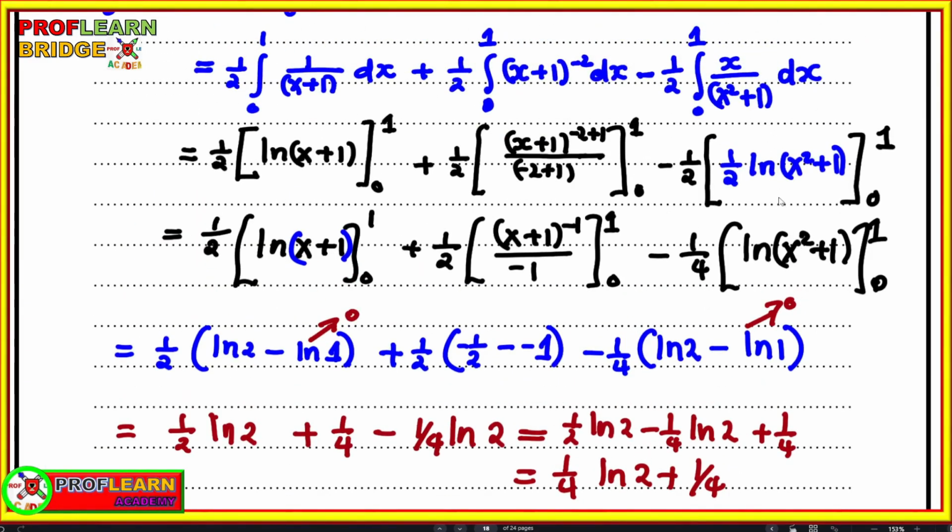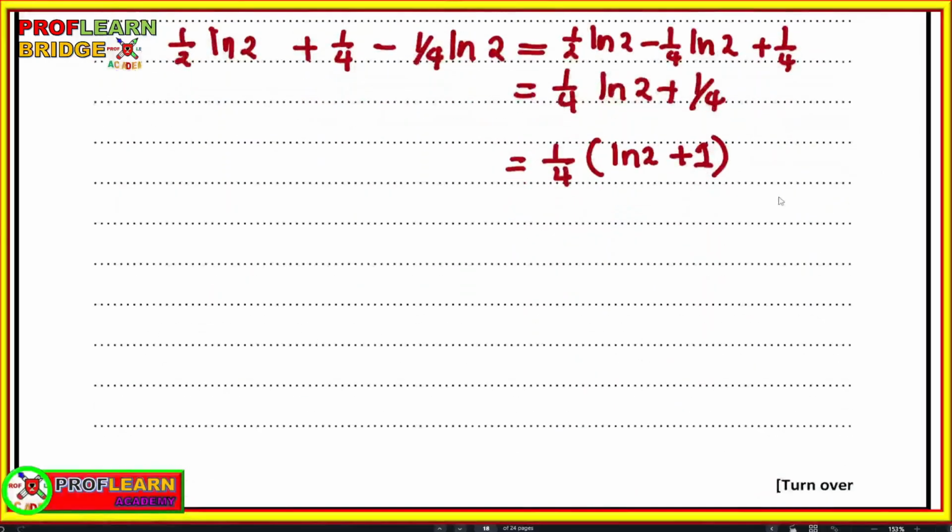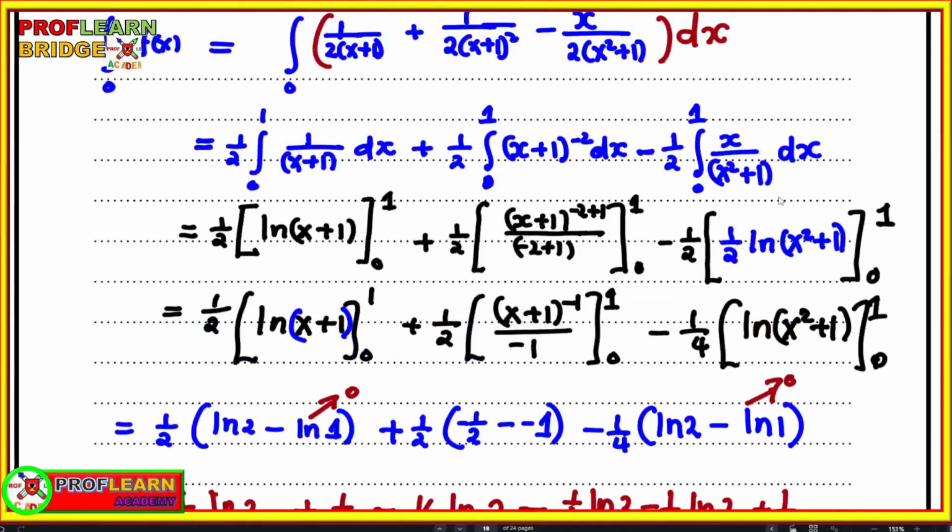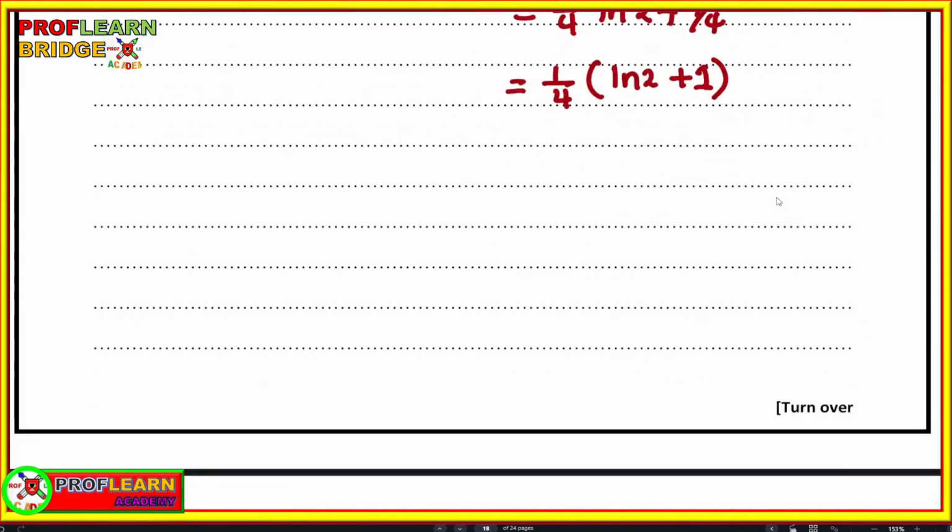Let me just show you how we are going to go about it, because we are having x over x squared plus 1. In order to work out this, let me just work it here. X over x squared plus 1. We are integrating with respect to x.